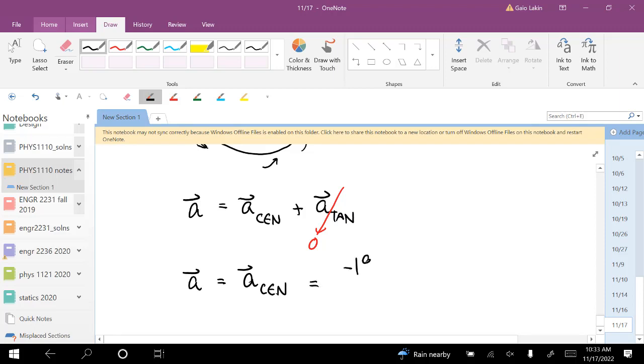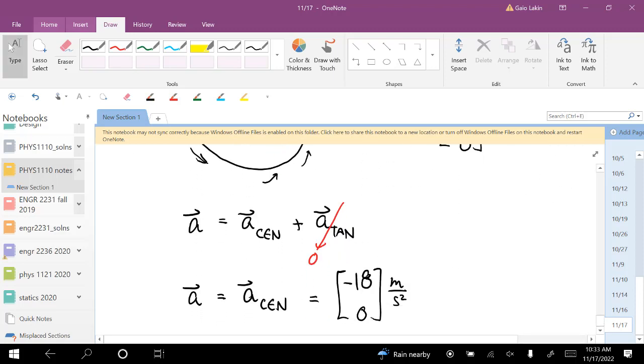And so the total acceleration is negative 18, 0. So that is part A. That's the acceleration vector.